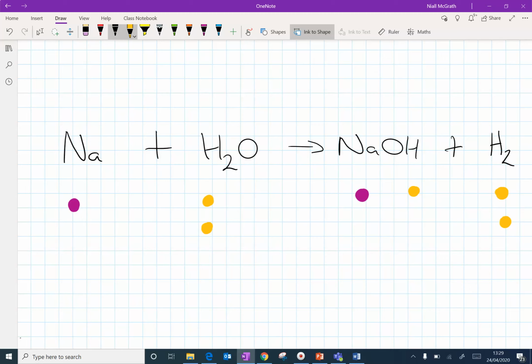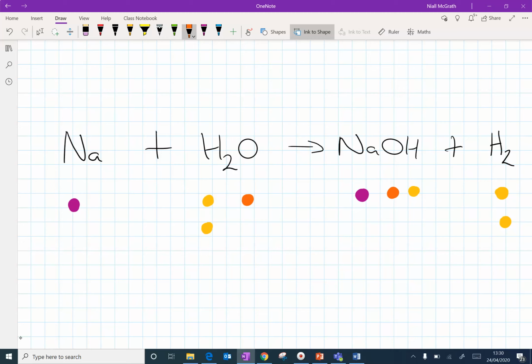And then if we look at our oxygens, we have one oxygen on the left in our reactants, and we have one oxygen in our products.